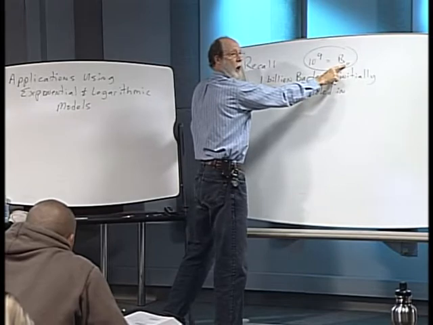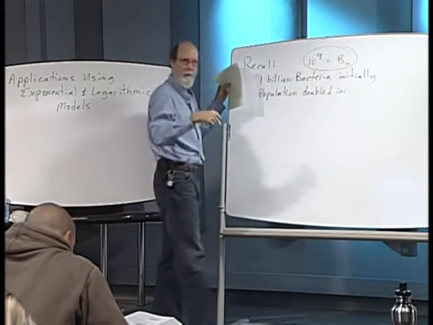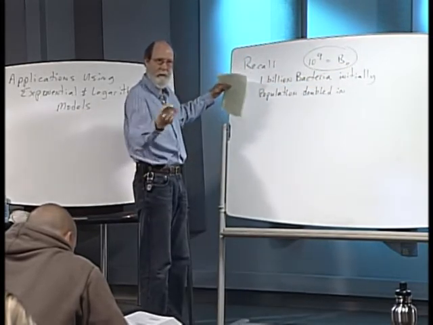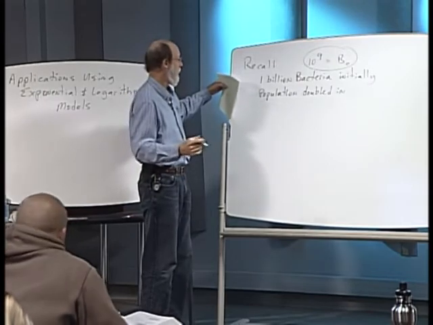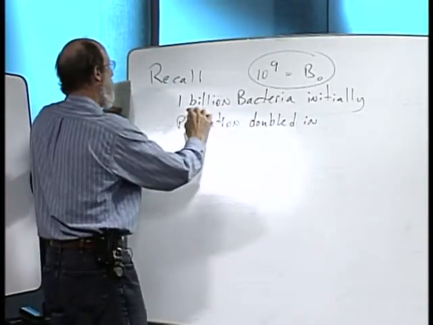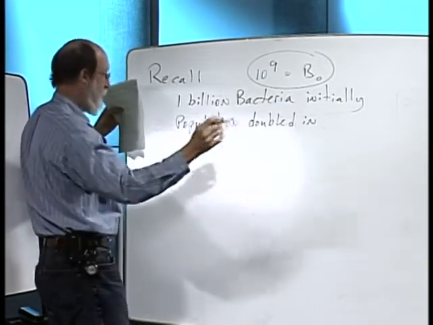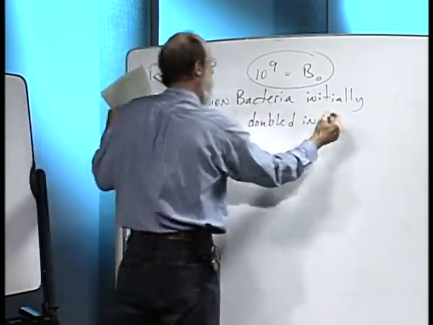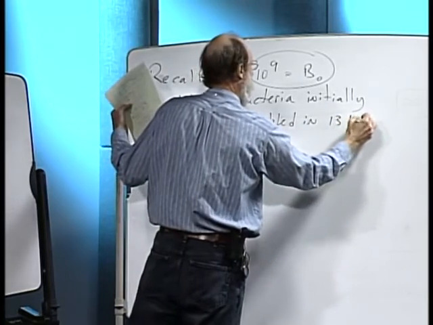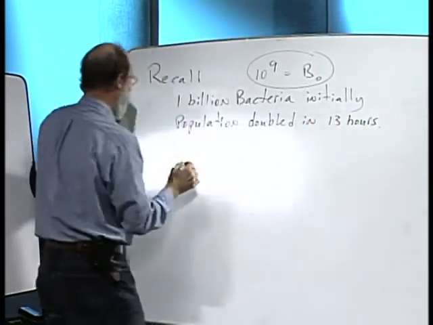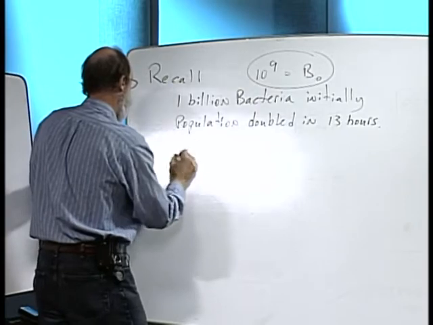Sometimes we call that naught, B naught, as you say in the language. So you'll hear other instructors using that vocabulary. We said that we started with 1 billion bacteria, and then someone suggested that we let this population double in 13 hours.